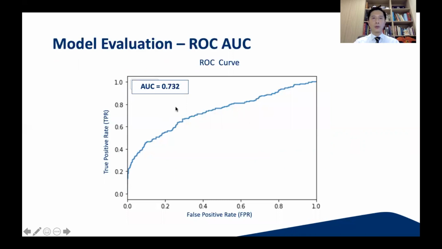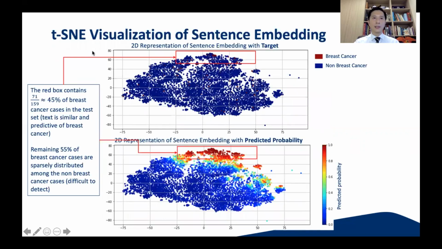So the AUC of this model is 0.73, and that AUC has improved since with some further optimization. And this is a t-SNE visualization of our sentence embedding. So essentially what we are seeing here is that most of the breast cancers, i.e. 71 of the 159 cases, about 45% of breast cancer cases, fall within this red box here.